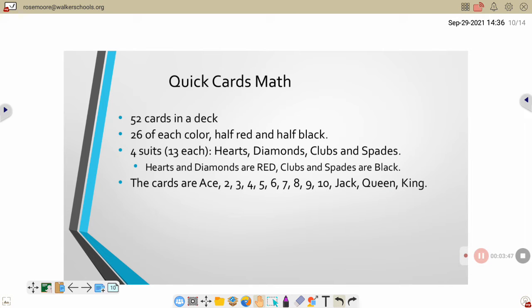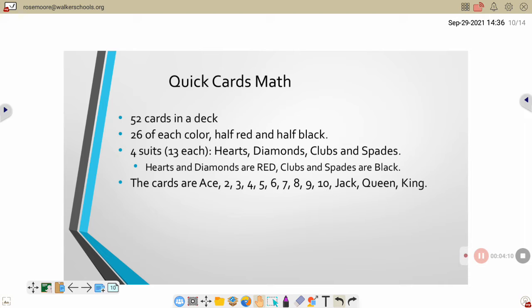All right, so one of the things that a lot of our probability problems are going to have is card math. So talking about cards in a deck as your sample space. If you do not know a lot about cards, here is a summary. There are 52 cards in a deck. There are 26 of each color: 26 of them are red and 26 are black.